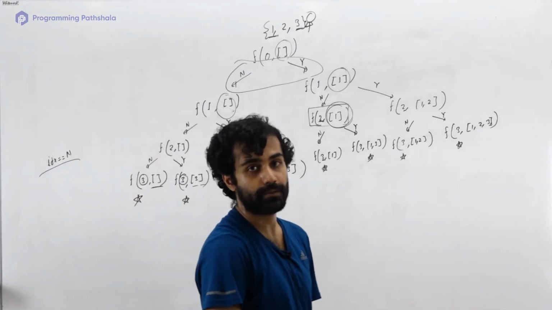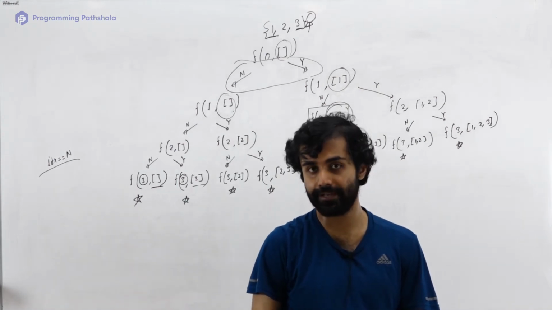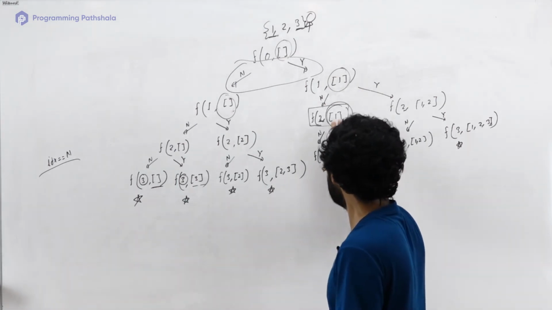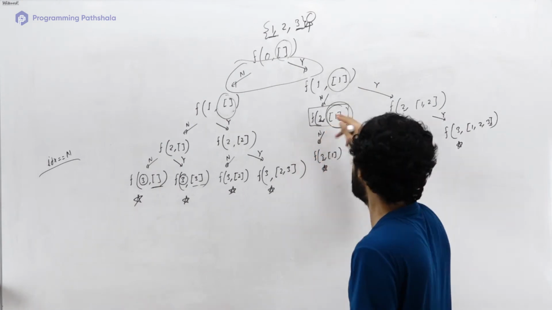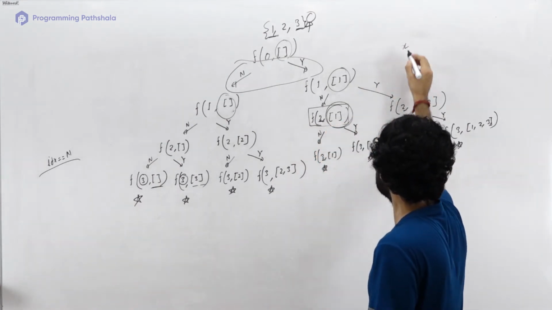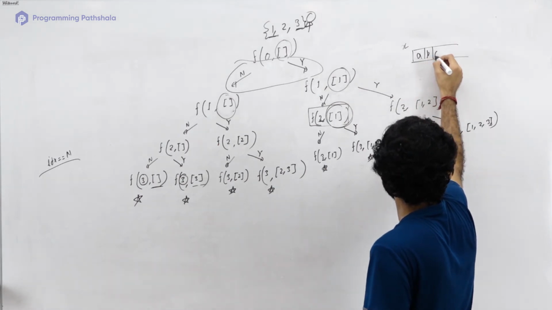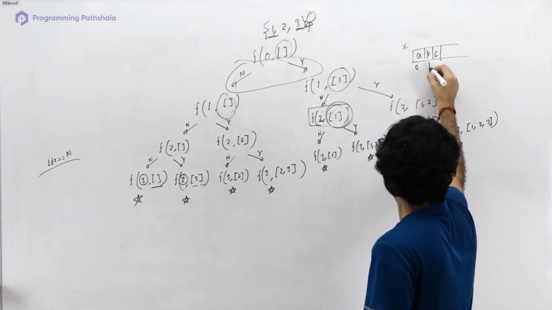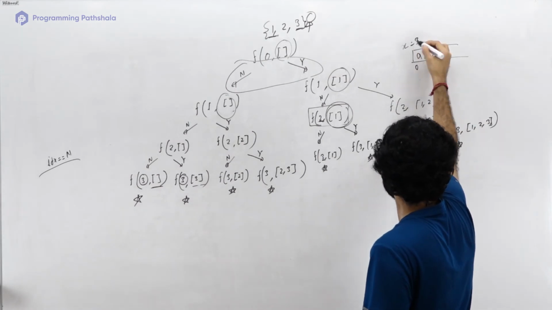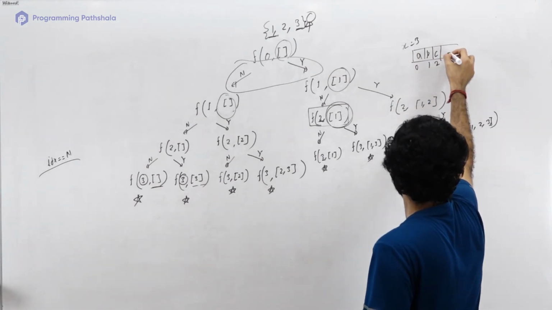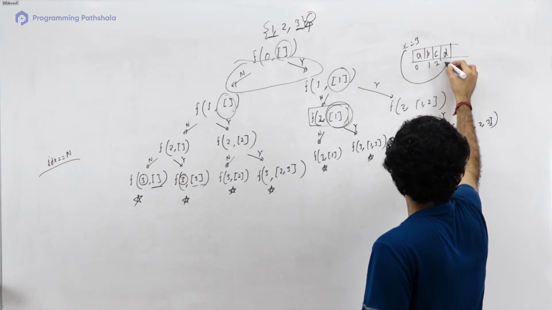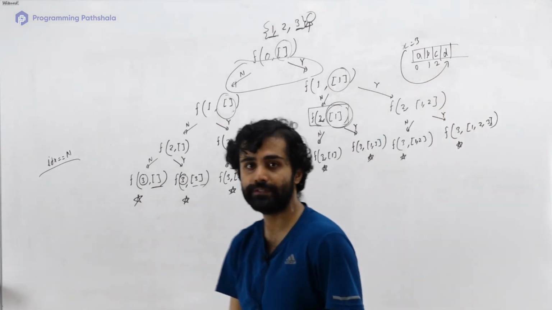Cool. So you might have guessed it very easily, right? If the size of it is, let's say, x, that means I have got elements a, b, c in it, so the size x here is 3. So the next element should come at index x, which is 3, right?